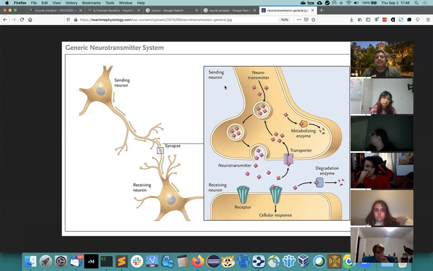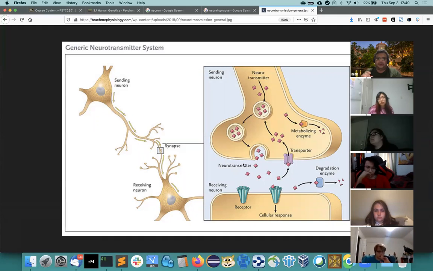Well, when the action potential signal reaches the very end of the sending neuron, that electrical event causes these little bubbles, just imagine these as little round bubbles, to move forward and pop. They pop and release their contents, and their contents are chemicals called neurotransmitters.